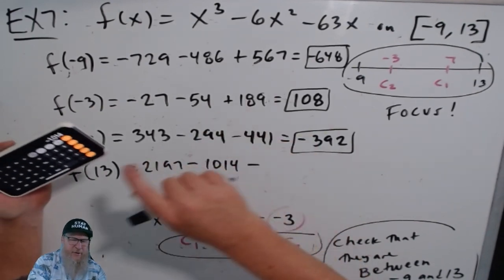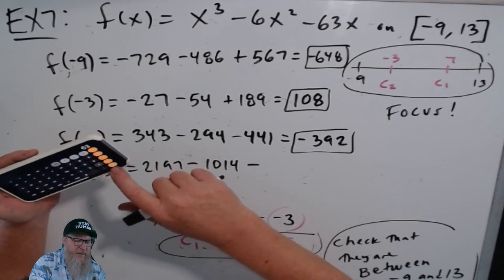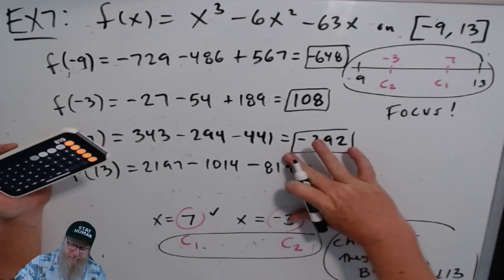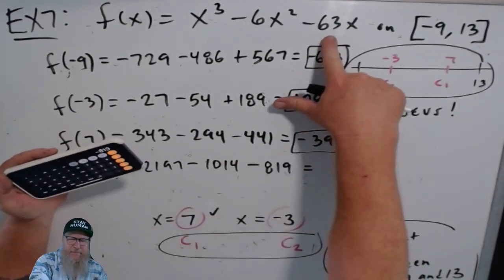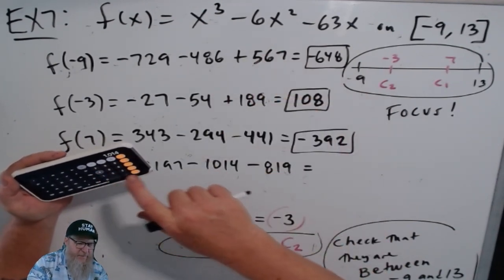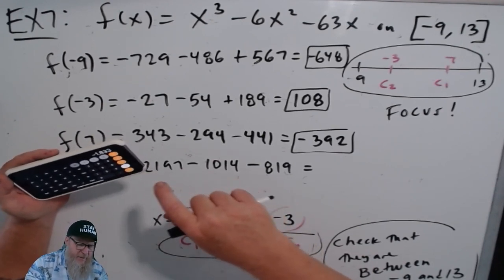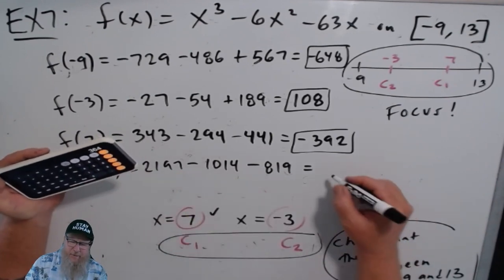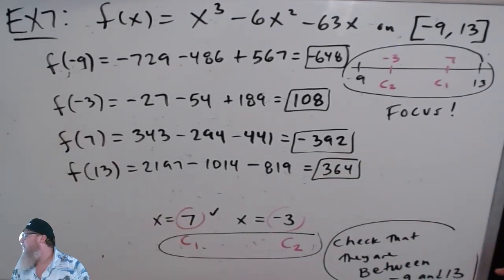And then 13 times 63 is 819. All right, so I got negative 819. And then negative 1014. And then positive 2197. That gives 364.